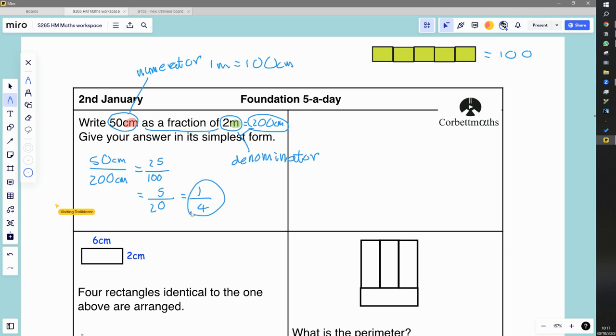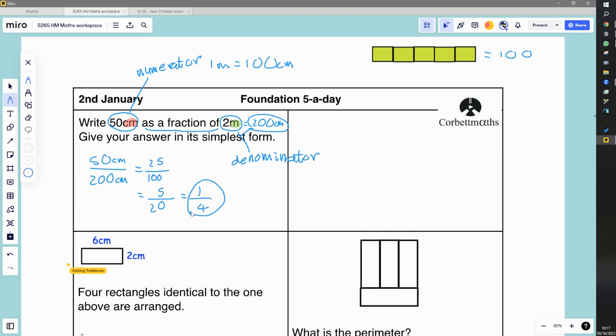But there is a shortcut. You could go straight from this to this, because we know 200 is 2 lots of 100, and 100 is 2 lots of 50. So 100 can be divided by 50, which means 200 can also be divided by 50.